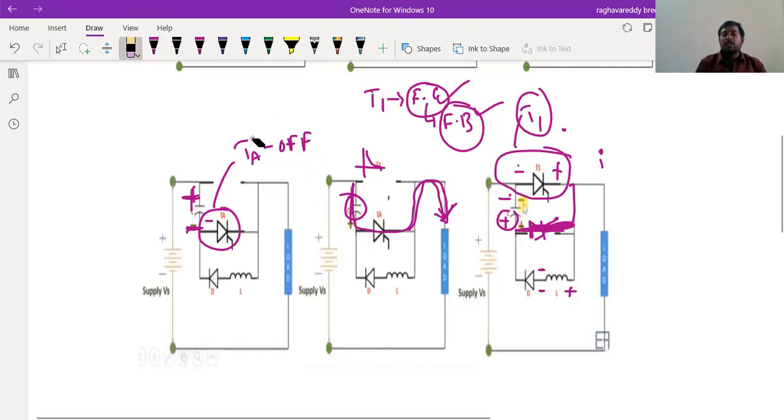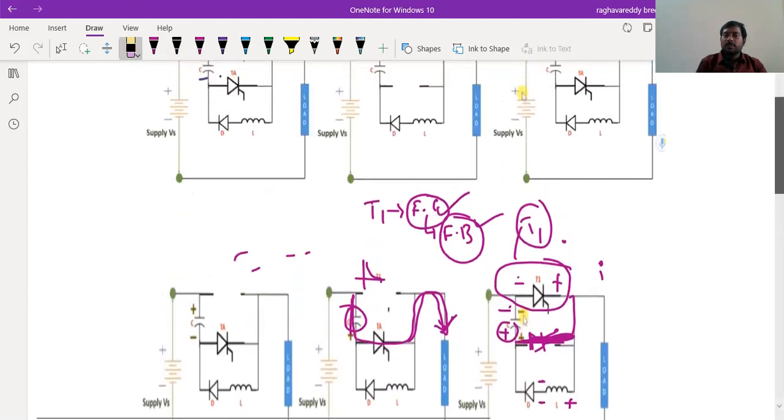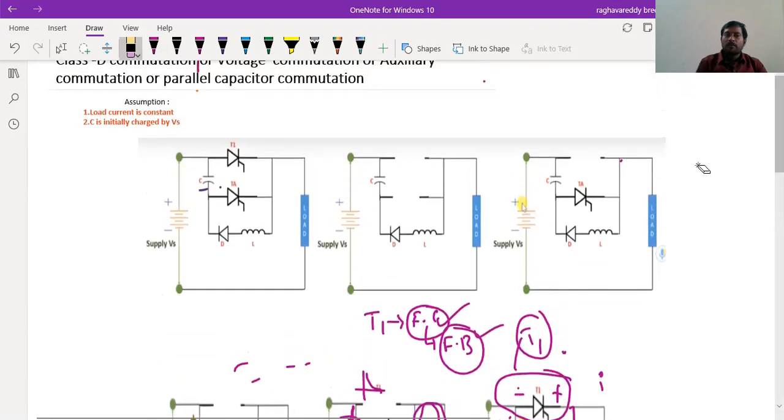If the thyristor Ta will be turned off, this is the figure, this is the first figure, the first case, how it will come here, positive and negative. This is the thyristor T1, and Ta will be turned off, same location.